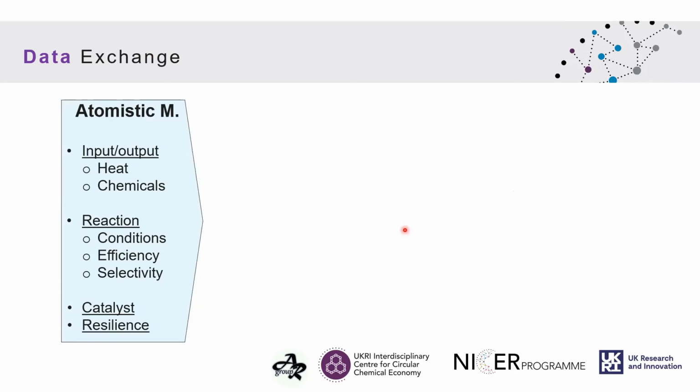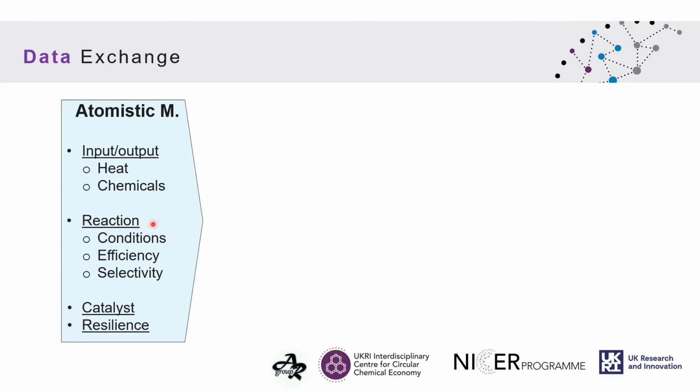to another, for instance, in an atomistic model, we could take the energy required for reactions to take place, the chemicals that we will see in the species. With the transition state theory or microkinetics, we could look at which initial reactions and initial conditions we might have to increase the efficiency, selectivity or conversion of your reaction.